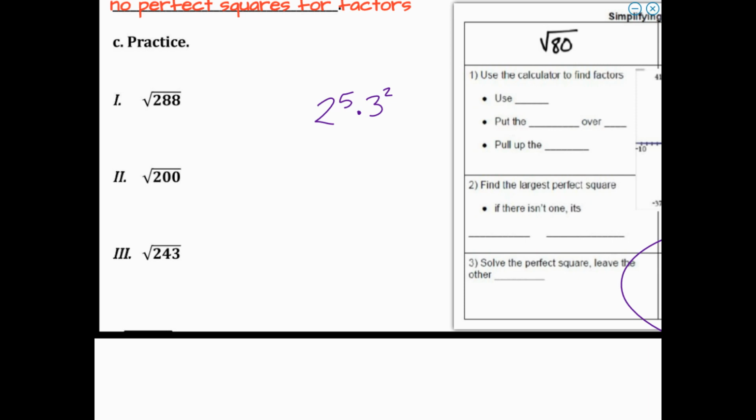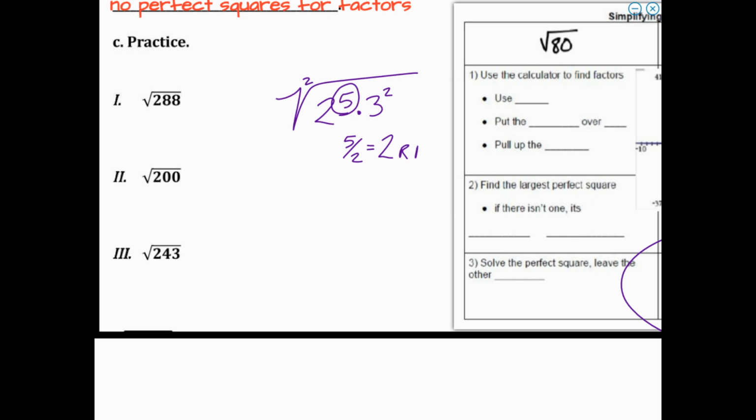Okay? So we know how to deal with powers that are underneath a radical, right? So I'm going to take this power of 5 and divide it by 2. What is 5 divided by 2? 2 with a remainder of 1, right? Because we got to think in remainders.